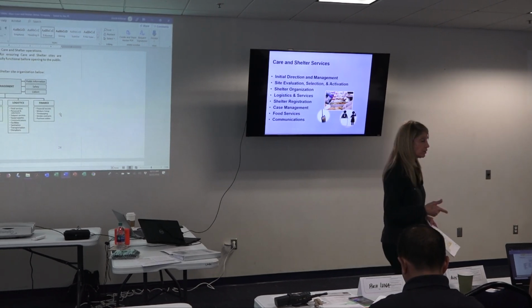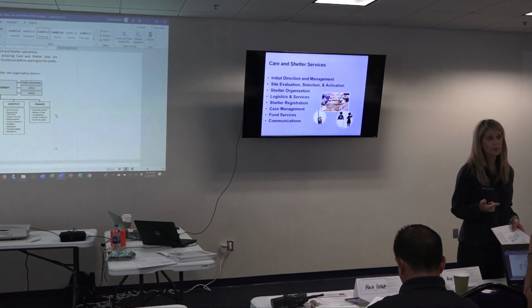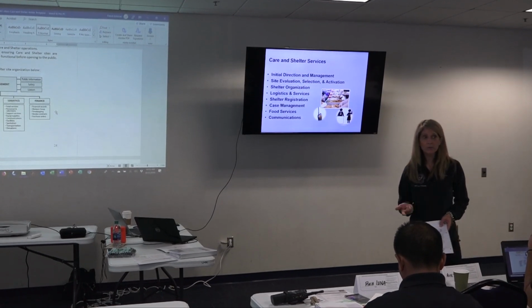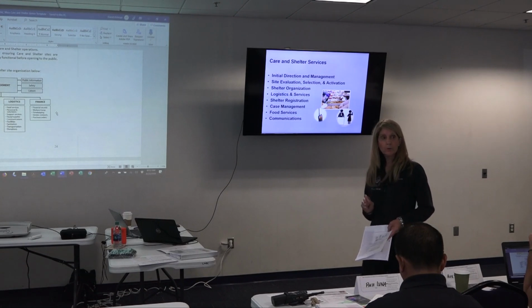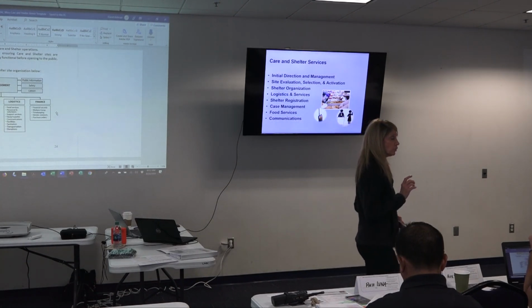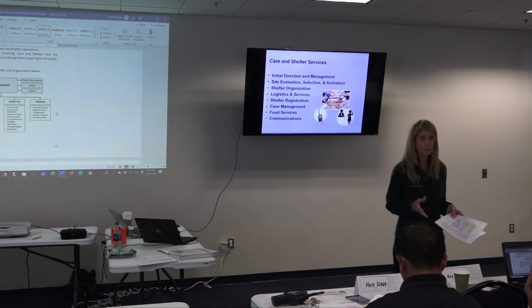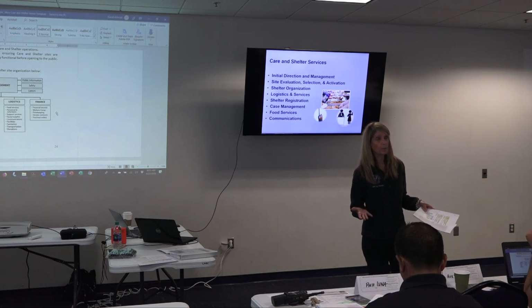But here's the challenge. Remember I talked to you, there could be times, think catastrophic, when you might activate a city shelter and American Red Cross may not be available. So if you depend on American Red Cross for all of your resources and they aren't able to come, what happens with your shelters?